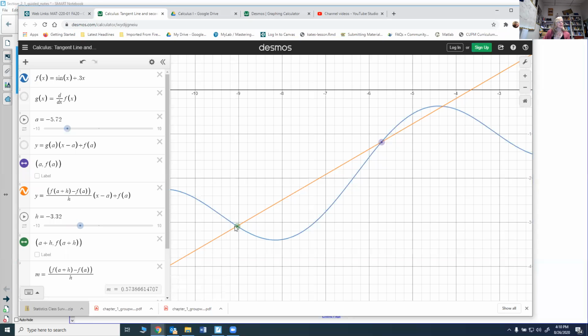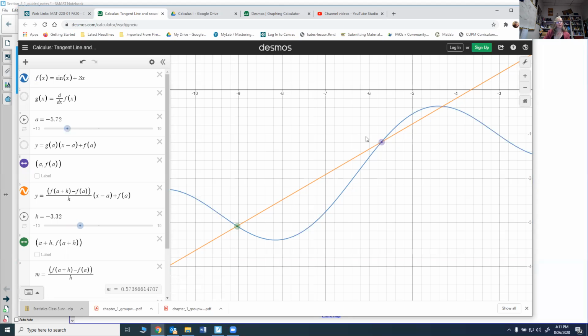I can look at a certain point and I've got a line. This isn't the tangent line, but it's getting closer to the tangent line. This is what we call a secant line. The secant line connects 2 points on the curve.